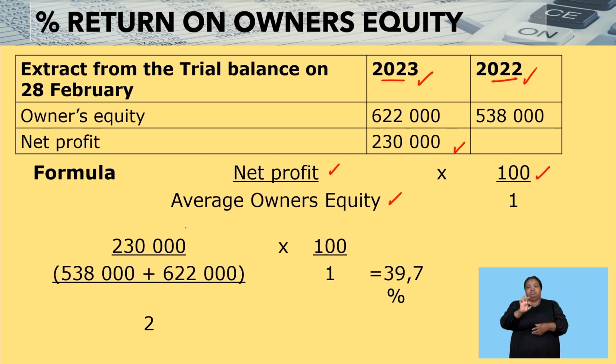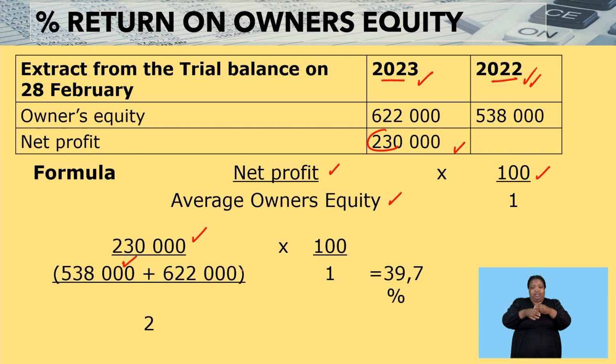Following the formula then, we'll take our net profit, which is 230,000, there it is. We divide it by average owner's equity. Average owner's equity simply means you take your owner's equity in 2022, which is 538,000 there.